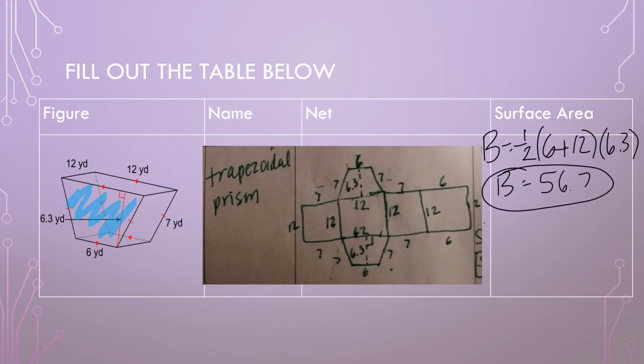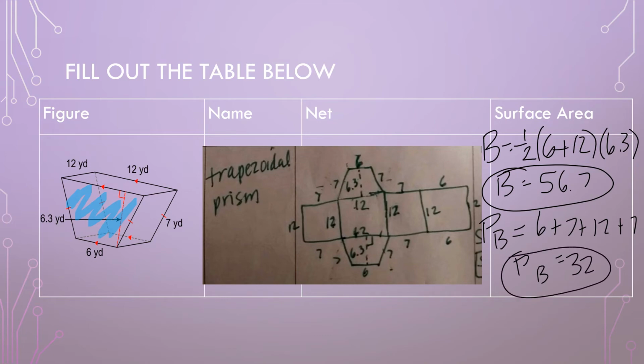And then for the perimeter, we are adding up all the sides, not the height. So I have 6 plus 7 plus 12 plus 7, and I end up getting 32. Now the height, this is where we get a little complicated here.